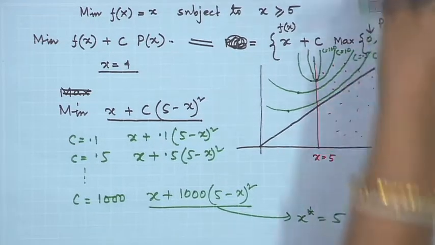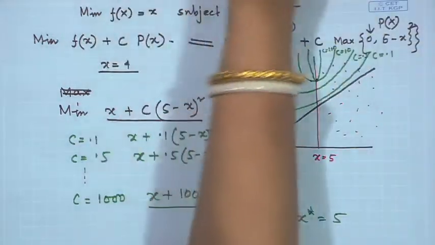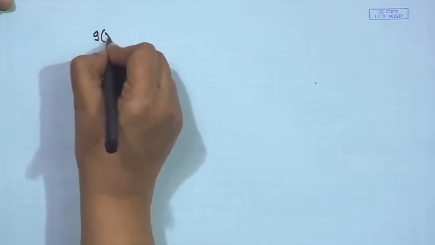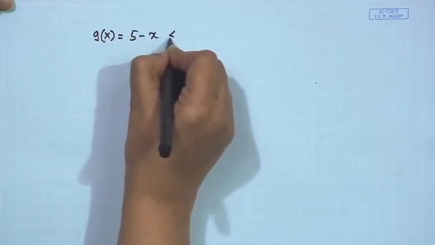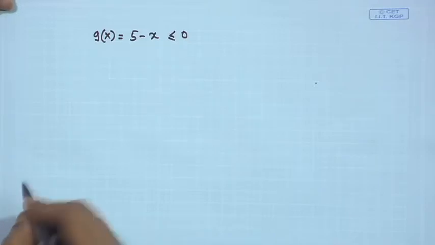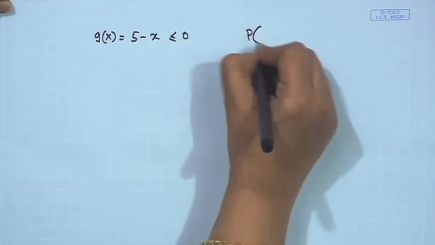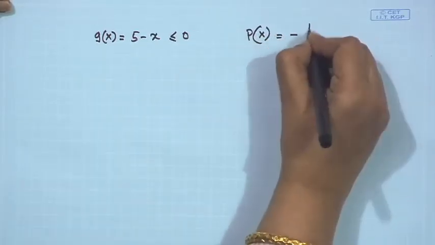Okay. Let us consider the penalty function in another way. Let us consider the penalty function, instead of g x, if here my g x is 5 minus x less than or equal to 0. Let me consider p x like this. P x is equal to minus 1 by g x.